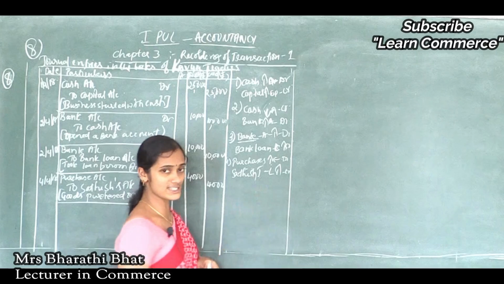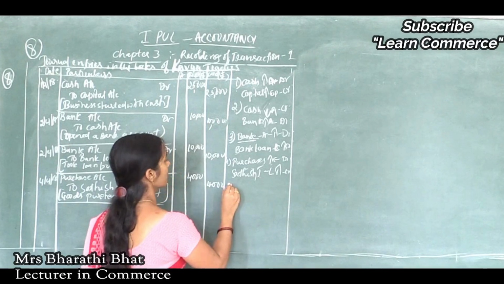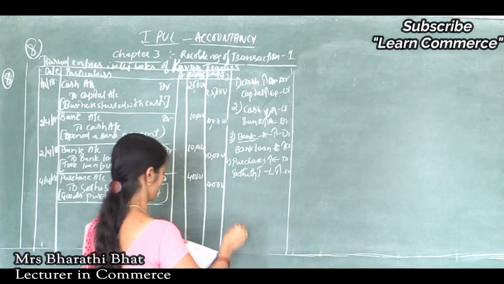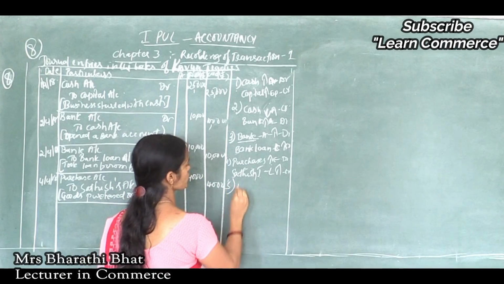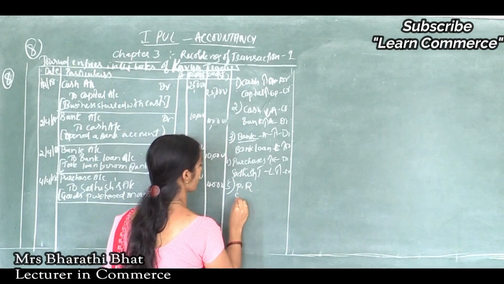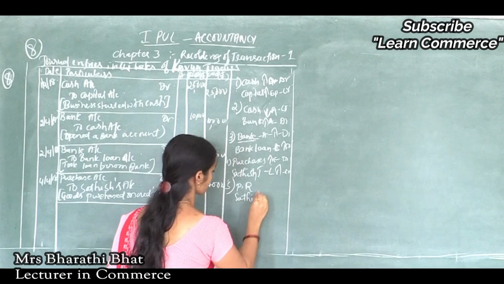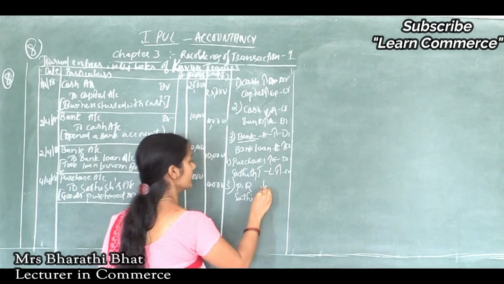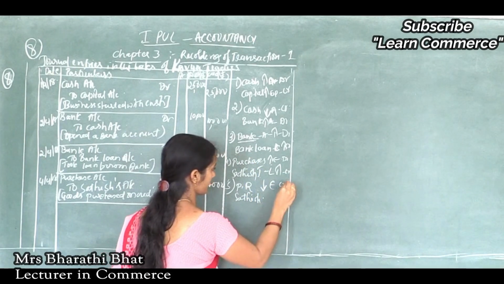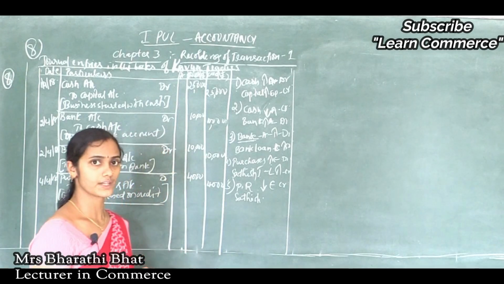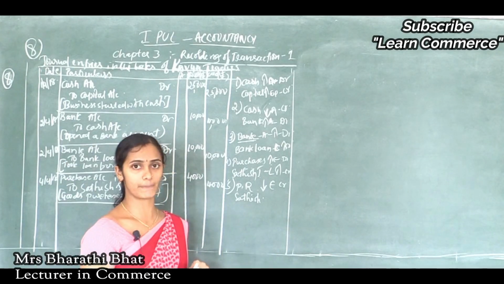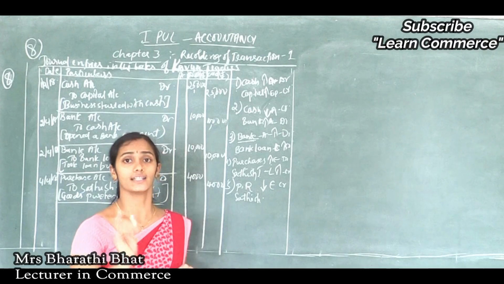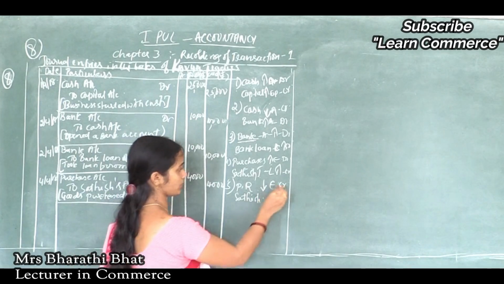Purchase return also comes under expenses account as decrease in expense. Purchase shows increase in expenses, right? But purchase return is considered as decrease in expenses. So purchase return, and one more account is Satish account. Here decrease in expenses is to be credited, according to the rules of expense.